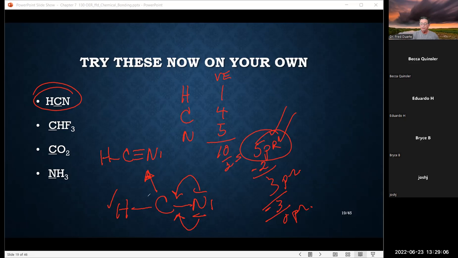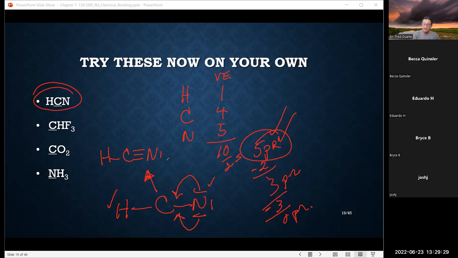Okay, now I go back and check my octet. Okay, nitrogen still has 8 electrons around it, but now 3 pair are shared with the carbon. In the beginning, 3 pair were on the nitrogen. Now I got 3 pairs shared with carbon, and there's 1 lone pair on nitrogen.